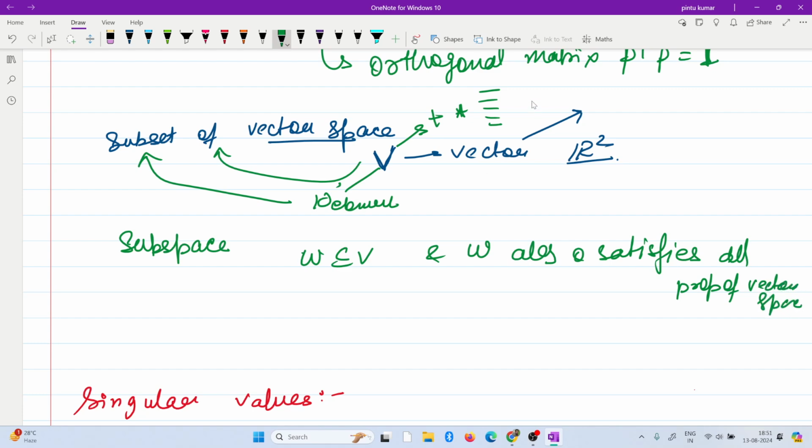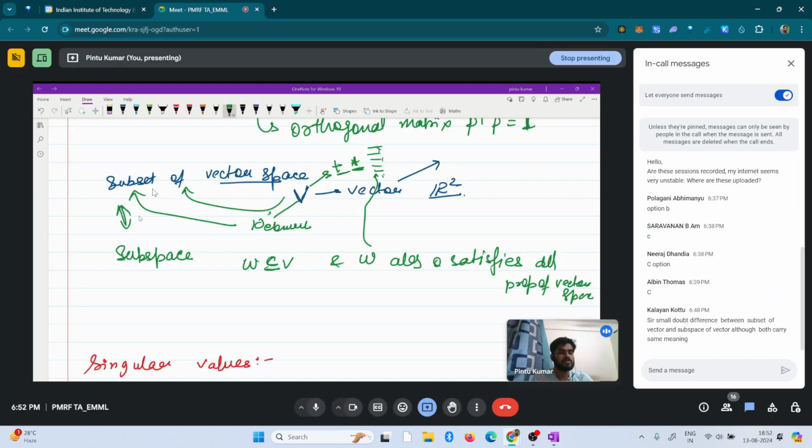These 8 or 10 properties that you have listed, W also must satisfy with respect to the same operations that you have defined. So this is the difference between a subset and a subspace. They are two different things. A subspace is a complete structure in some sense, and a subset is just some random subset.